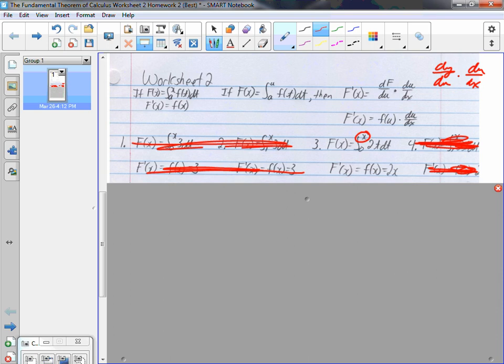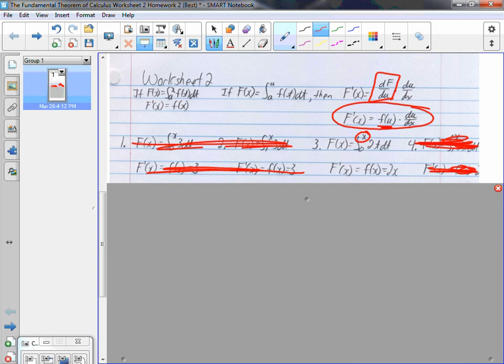But it's the chain rule. Now, here's the thing. dF/du, the derivative of capital F with respect to u, is just little f. Okay? So, this is the way to remember it. Capital F prime of x equals f of u times the derivative of u.